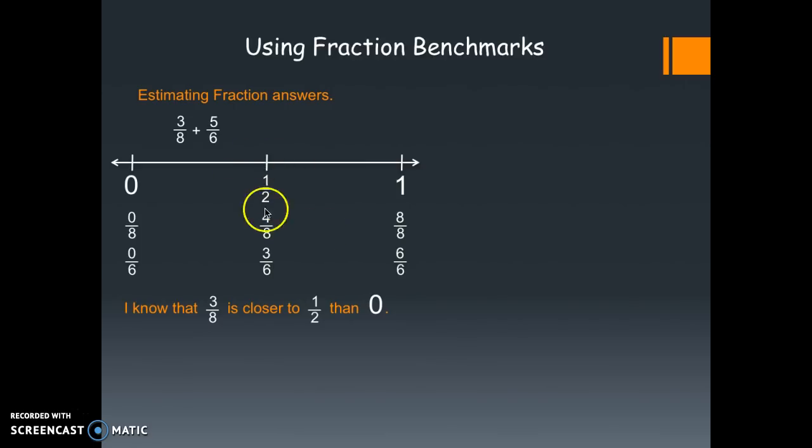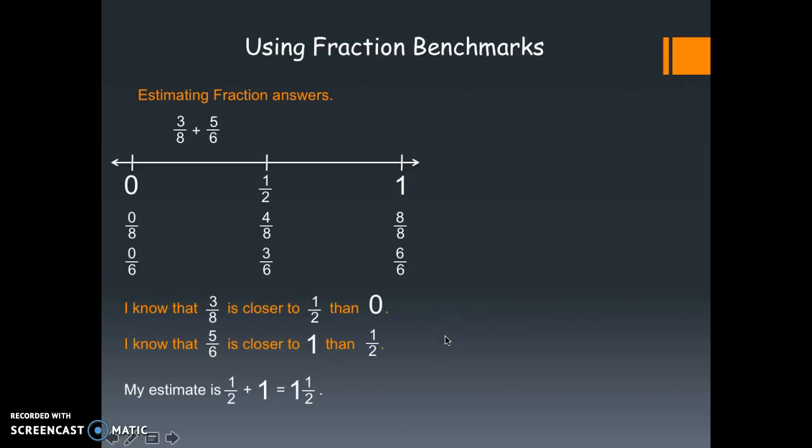What about 5/6? We know it's between 3 and 6. It's only 1 away from 6/6. So we would say that 5/6 is closer to 1 than it is to a half. So then when I want to estimate what the answer is going to be to this problem, since 3/8 is close to a half and 5/6 is close to 1, I would guess that my answer is going to be close to 1.5. So let's see.